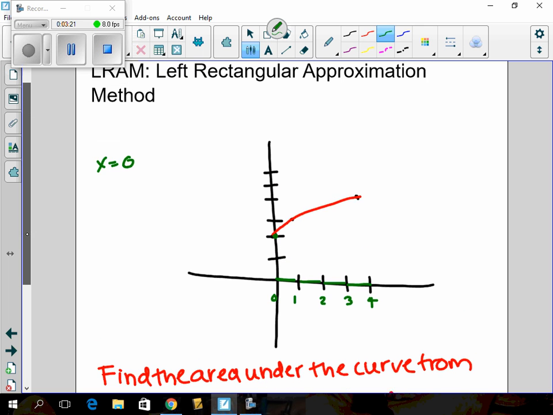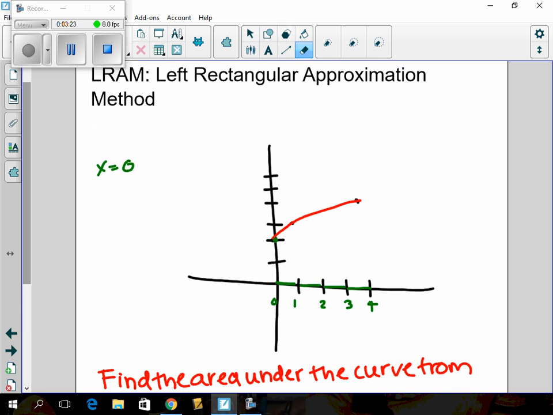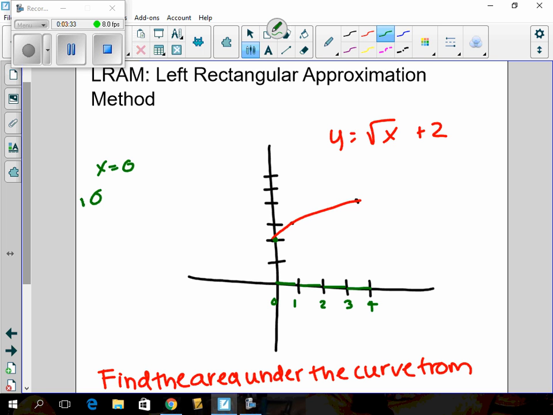In this function, we're looking at y equals the square root of x plus 2. So this is our function. Given x equals 0, the square root of 0 plus 2 is just 2. So my rectangle has a height of 2 and a width of 1. That's what my rectangle looks like.